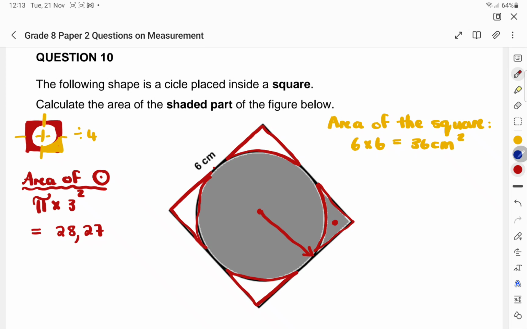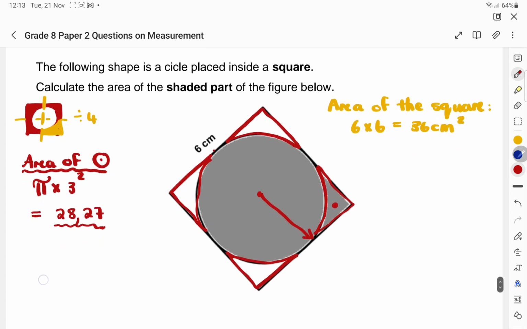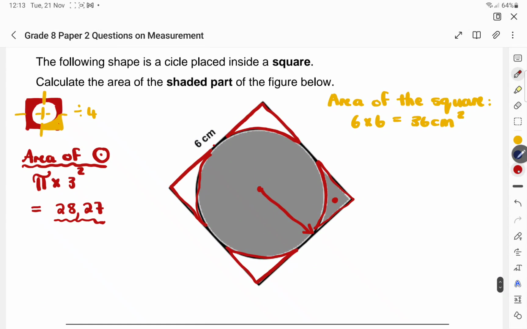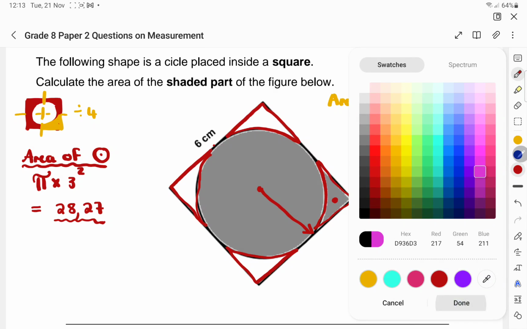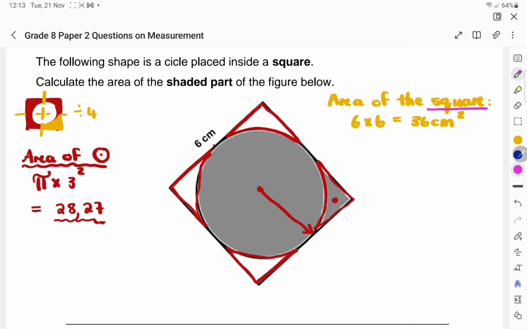Okay, so this 28.27 is the area of the circle. Now if I take the area of the square and I subtract the area of the circle, again, remember, it's going to leave me these 4 parts over there.